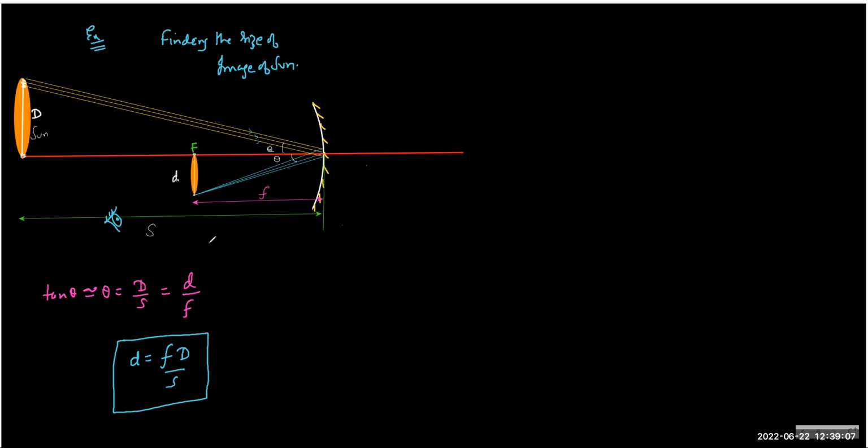To create a better image, the aperture is very important, whether it's a lens or a mirror. Whenever we create a telescope, we try to make the aperture as large as possible so that we get maximum exposure and more light rays, because the light coming from a distant object is very small.